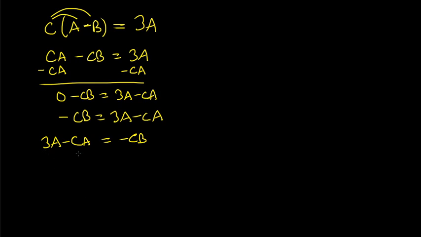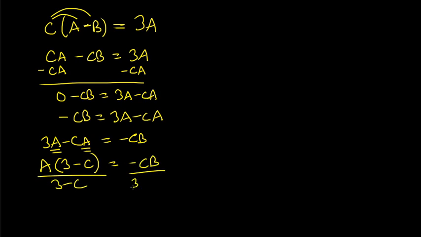Right? And now what's our GCF here is just a. So factor out the a, and then divide by 3 minus c. Right? So that cancels, and so a is equal to negative c times b, that's a b, divided by 3 minus c.